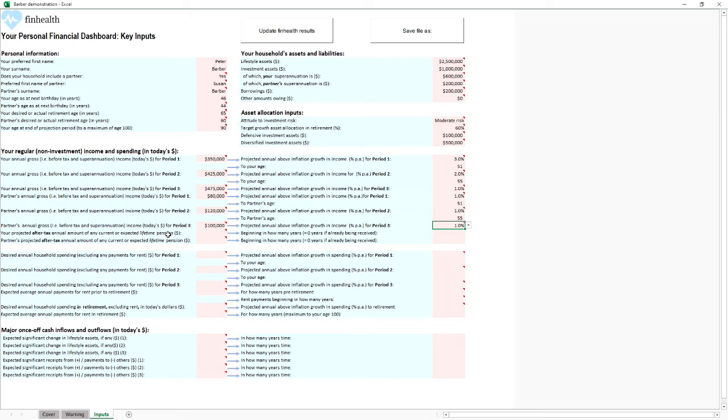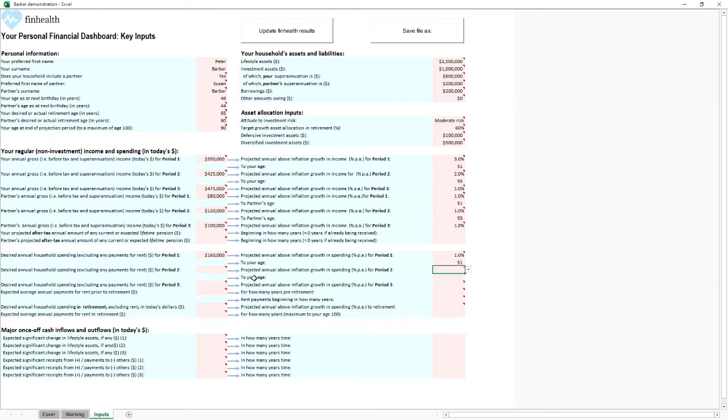Now, with regard to expenses, the Barbers use the 3 periods available to reflect expected changes in spending patterns over the next 19 years. For the period to Pete's age 51, they expect to be spending around $160,000 per annum and growing at 1% to Pete's age 51.